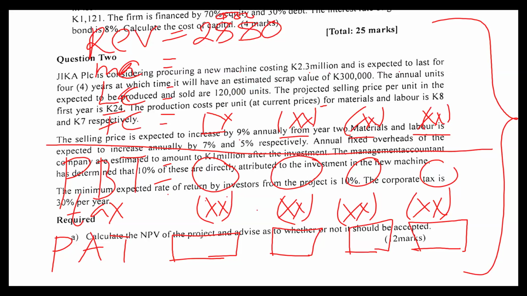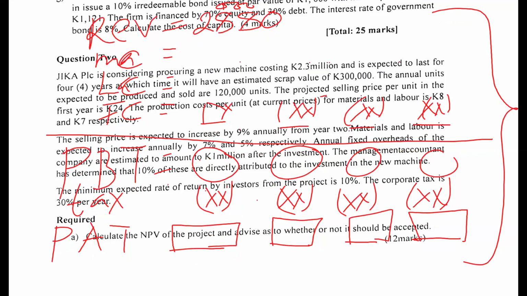Okay. Let's go now to the second year. Remember, starting from the second year, the selling price is increasing, isn't it? It is growing at 9%. Now, I told you that there are two ways of doing this. You need to pay attention to what I'm talking about right now.